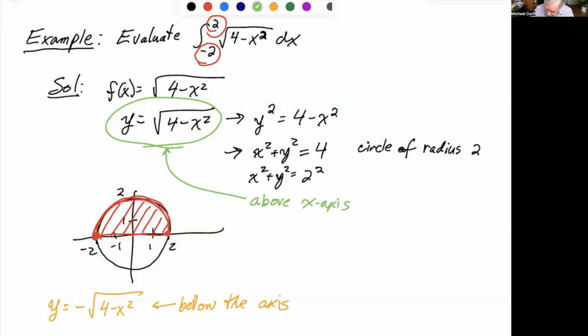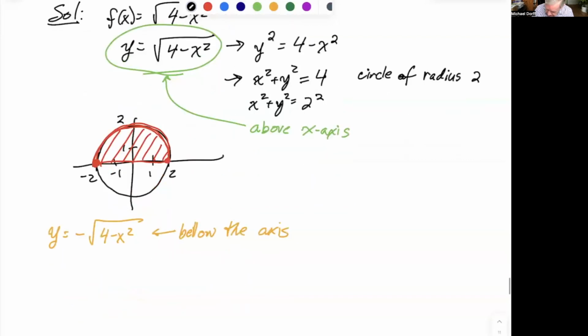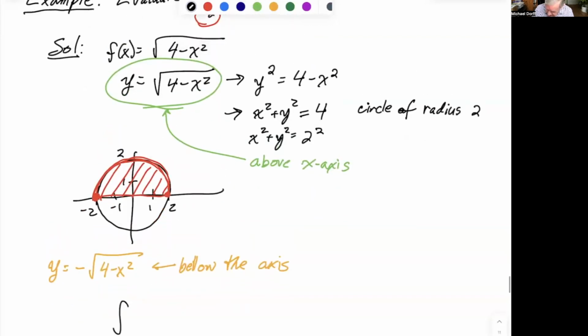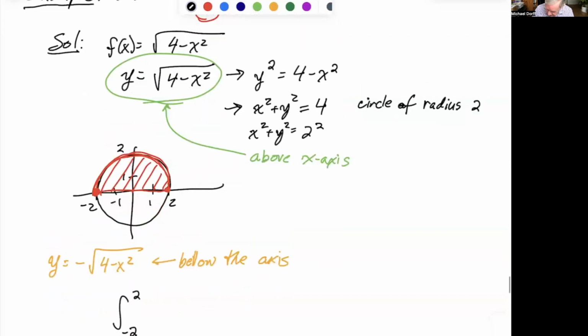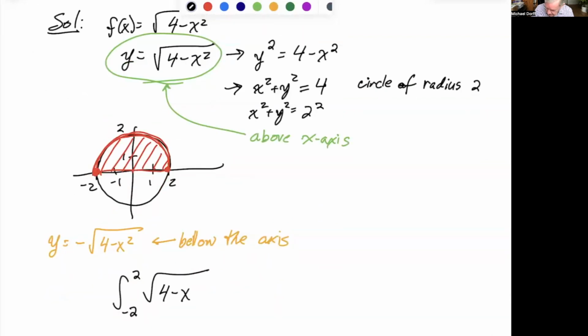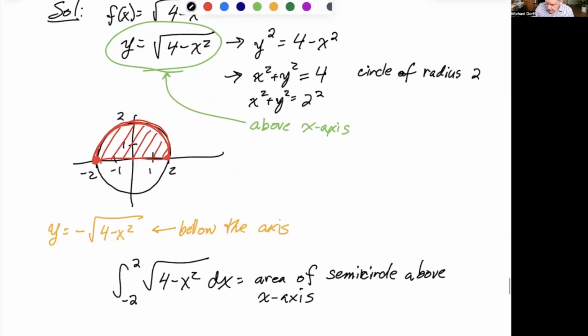So how can I figure out what this integral is? Well, the integral from -2 to 2 of the square root of 4 minus x squared dx is going to equal the area of the semicircle above the x-axis. And it's a semicircle of radius 2.